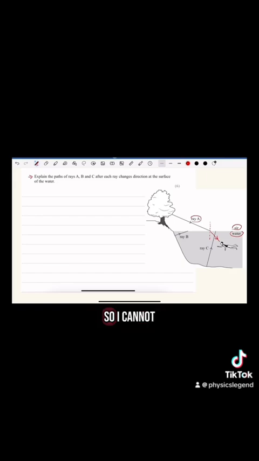I cannot just say there is bending when the light transfers from one medium to another medium. The most important keyword here is that I should start my answer by saying what happens to ray A. So for ray A, I would say it refracts toward the normal.